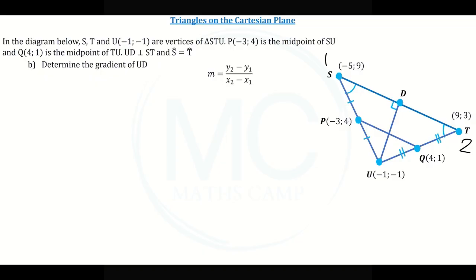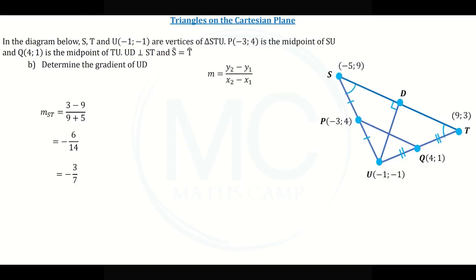So we can say the gradient m of ST is equal to (3 minus 9) over (9 minus negative 5), which becomes 9 plus 5. 3 minus 9 gives us negative 6 over 9 plus 5, which is 14. 6 and 14 are both divisible by 2. So we get negative 3 over 7.